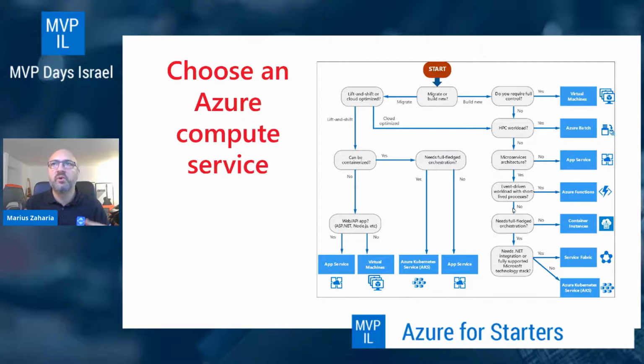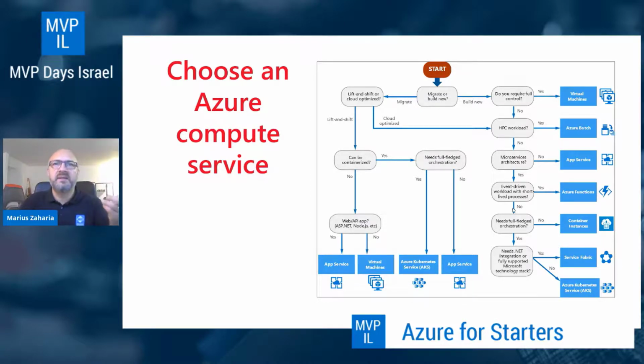For example, for choosing a compute service, you have several questions you have to answer, like do you want to make a lift and shift, or do you want to optimize for the cloud? Can you containerize your workload or not? And so on. This way you will arrive at the end to select one particular service or another one.